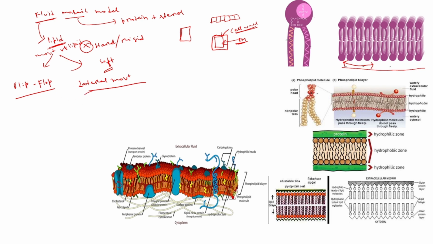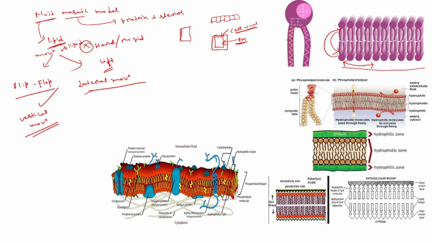What is the flip flop? Look at the structure. If this lipid comes to this layer, and this lipid comes to this layer, this is called the flip flop movement. That means from one leaflet to another leaflet, or from one layer to another layer, it is called a flip flop, or simply a vertical movement.